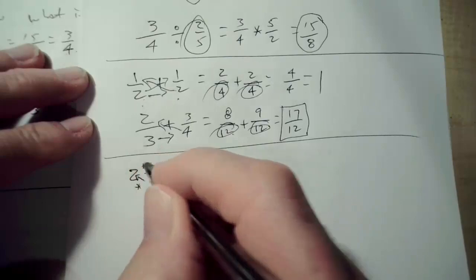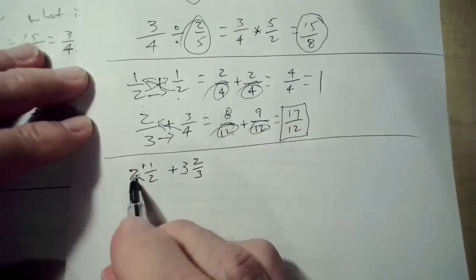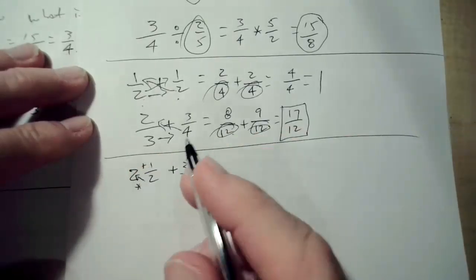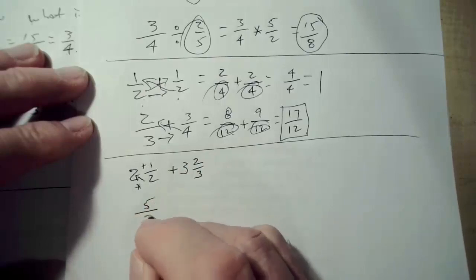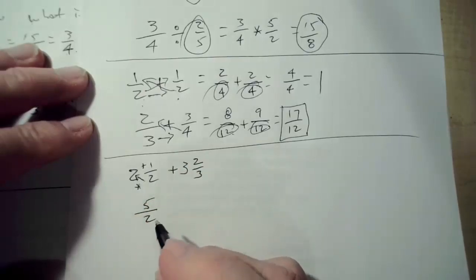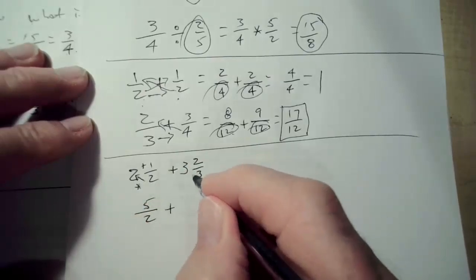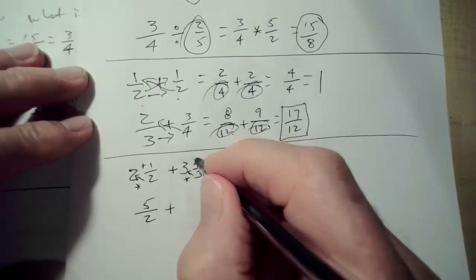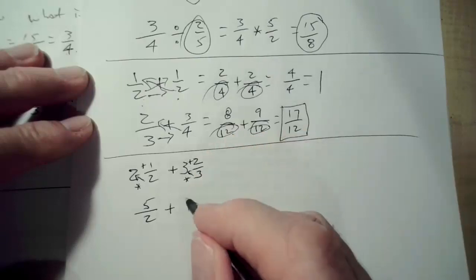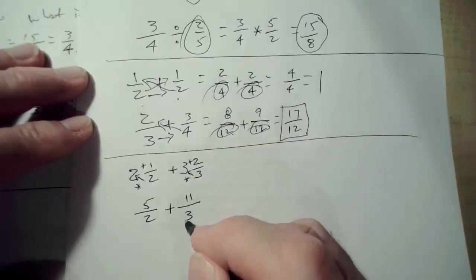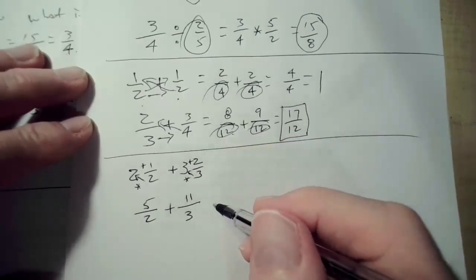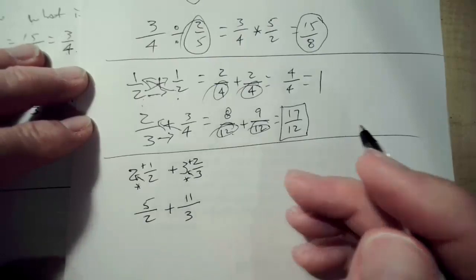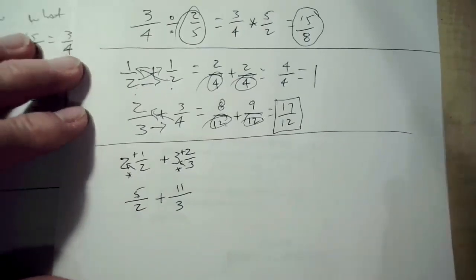The way you do that is multiply these two and add the numerator. 2 times 2 is 4, plus 1 is 5 over 2, and the denominator stays the same. Plus, again, 3 times 3 is 9, plus 2 is 11 over 3.